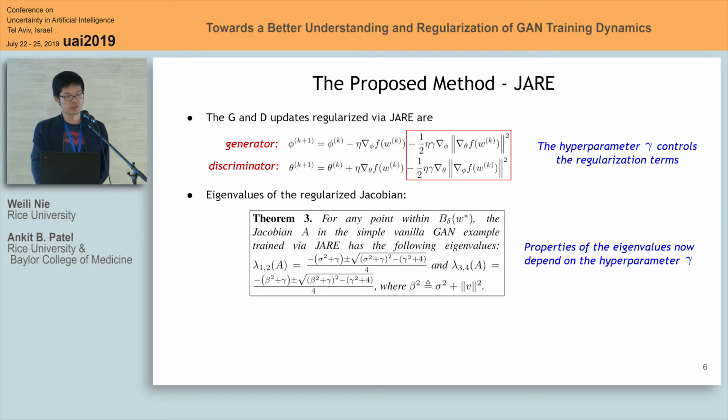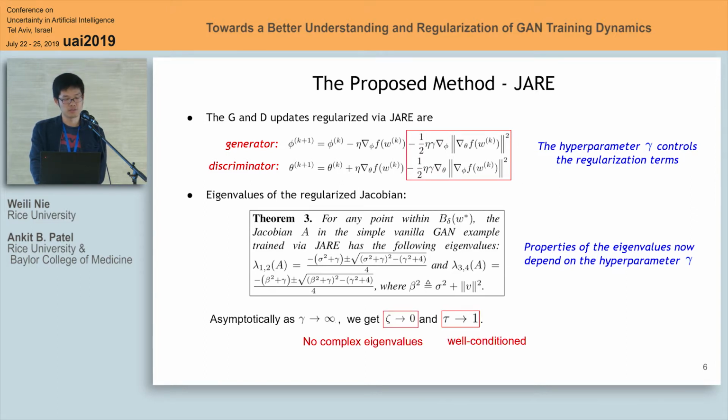And the eigenvalues of the regularized Jacobian trained by JRAR are given in this theorem. We can show that the properties of the eigenvalues now depend on the hyperparameter gamma, which means we can tune gamma to see if we can alleviate these two factors.